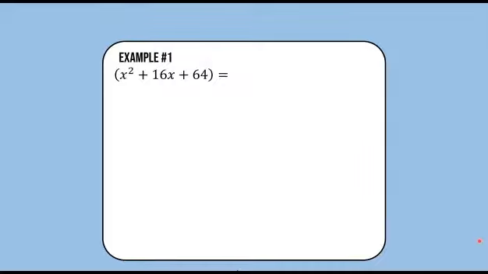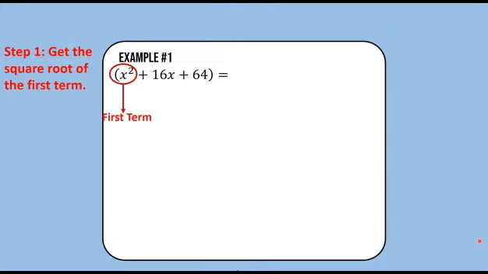Before we solve that one, let us first remember step 1. Step 1, get the square root of the first term. Our first term in this expression is x squared. The square root of x squared is equal to x.